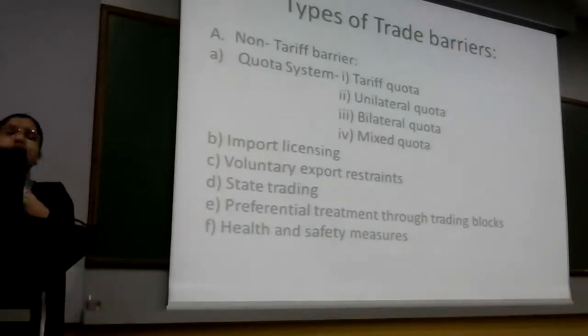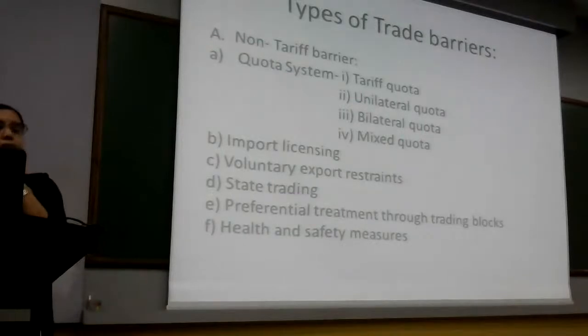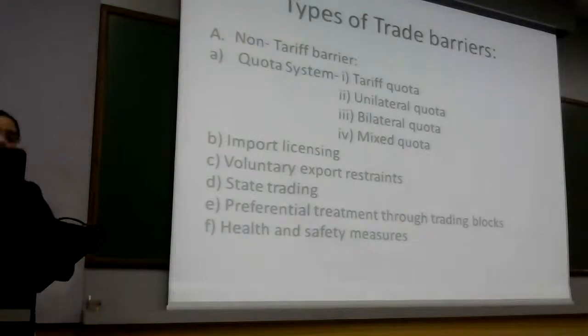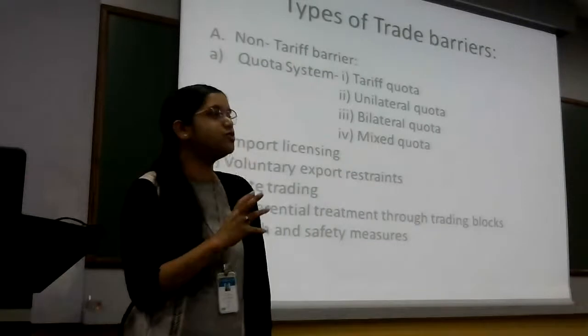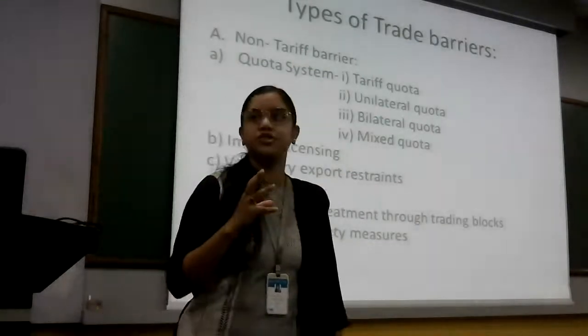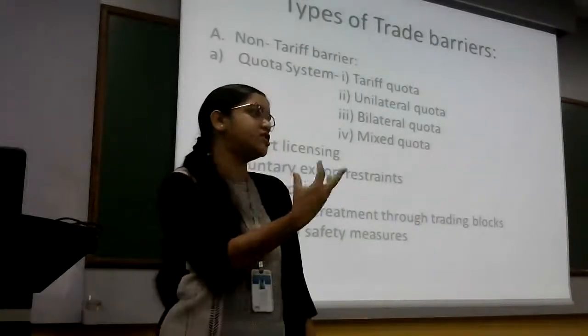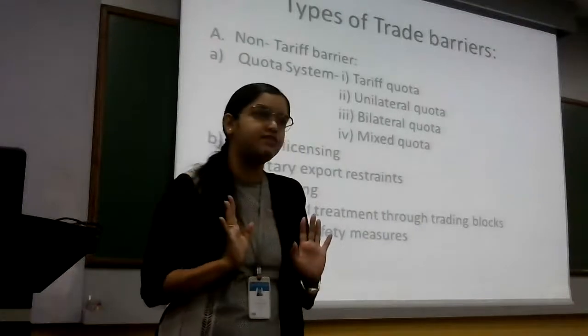Tariff quota is nothing but, not only a particular quantity, they will tell you the particular amount of currency exchange as well. That means the particular amount of money, how much you can spend in order to transact these particular goods and services.